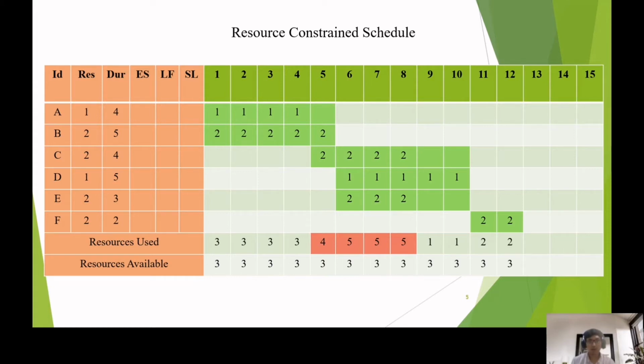But based on this resource constraint schedule, during some days there is an excess use of resources, which means there are not enough resources to complete the activities, as you can see during days 5, 6, 7, and 8. In order to solve this problem, I'll give this to my teammates and they'll show you our solution to the problem.